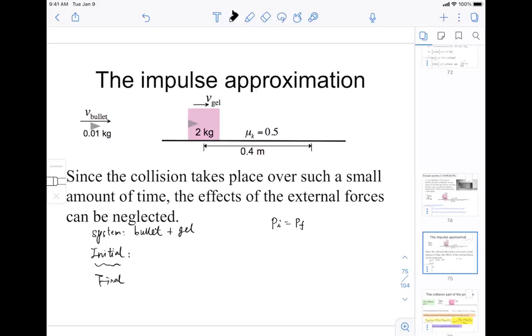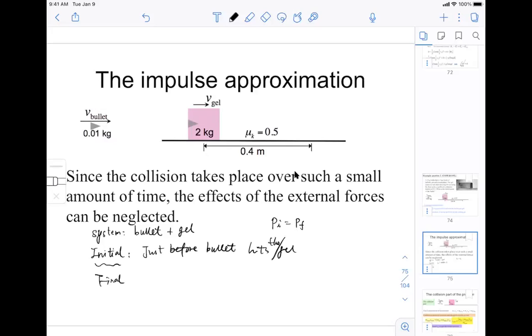So when is initial? Before the bullet hits the gel. Yes, very good. We will say just before the collision happens, just before the bullet hits the gel.